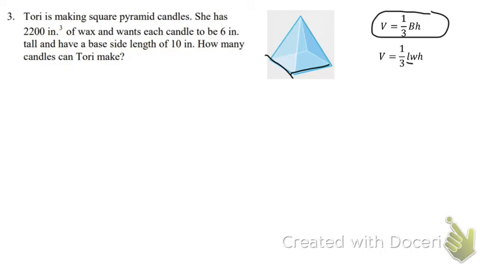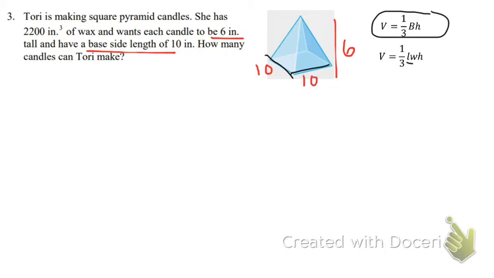All right, let's see. She has 2,200 cubic inches of wax. Each candle is 6 inches tall, so the height is 6. And the base side is length 10, but they said it's a square, so they're both 10.